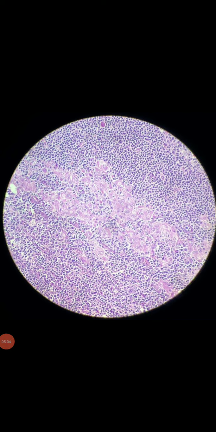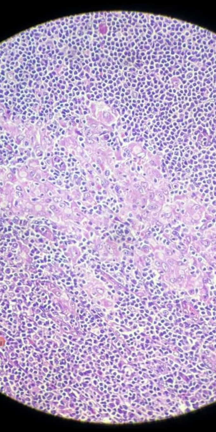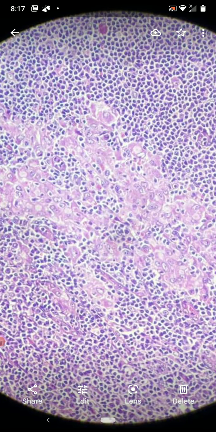Now let us focus at the eosinophilic area. They are composed of these cells with abundant eosinophilic cytoplasm, indistinct cell border, and oval to elongated nucleus with one or two nucleoli.